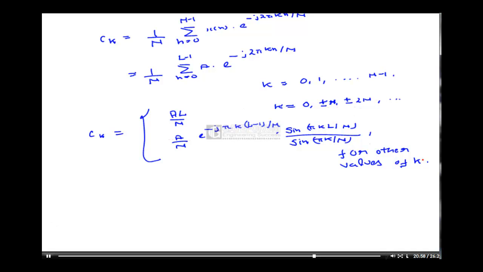So this way the DTFS coefficient can be found for a periodic square wave.